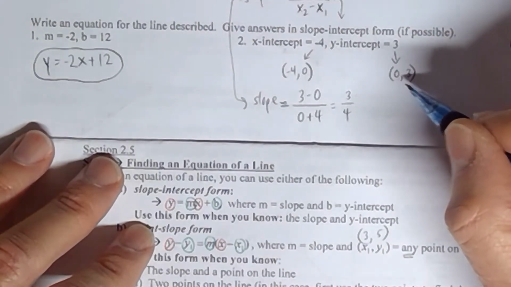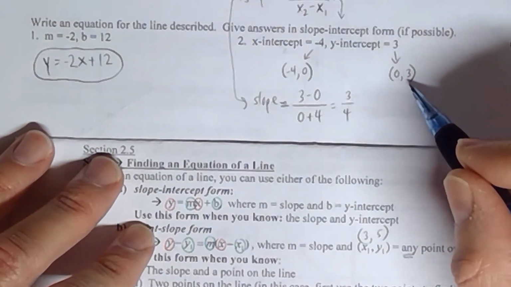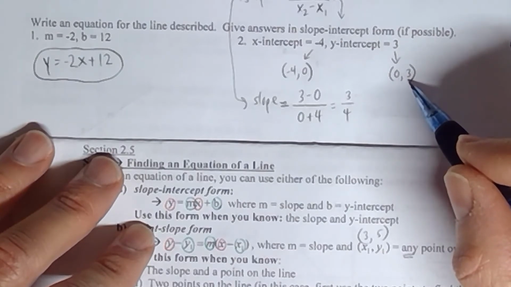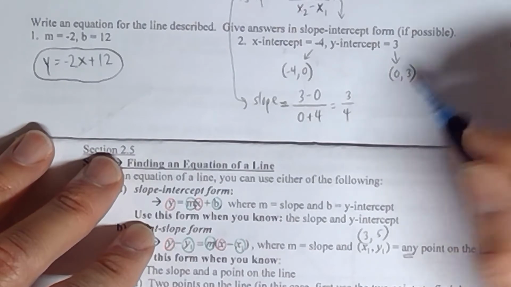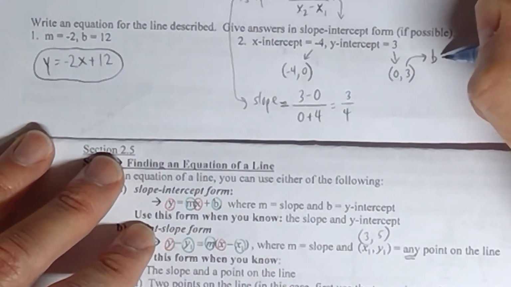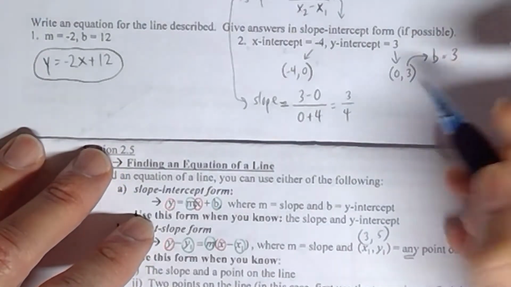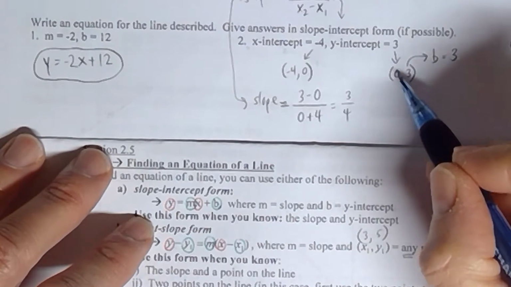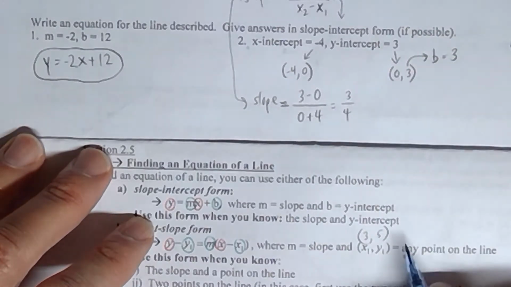And the b will always be the y number that matches up with x equal to 0, so the b is equal to 3. It's never the x number. The x number is always going to be 0, but it's that y number.